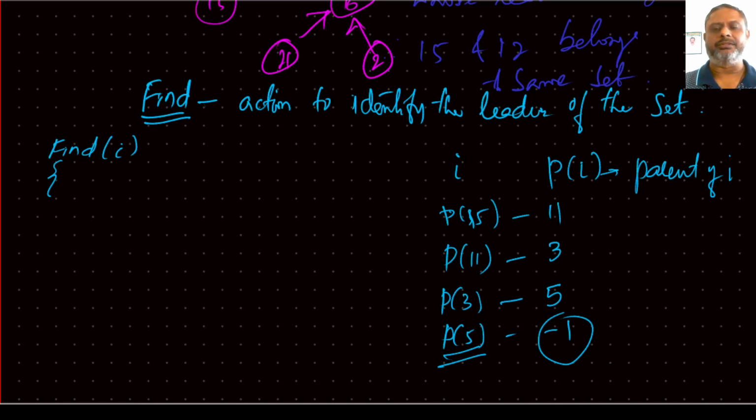So that's the logic. How can we do it? Here this was I, and the parent of I was 11. In the next step, I becomes 11, which gives 3. Next step, 3 becomes I. So I should be replaced by the parent of I at each step.